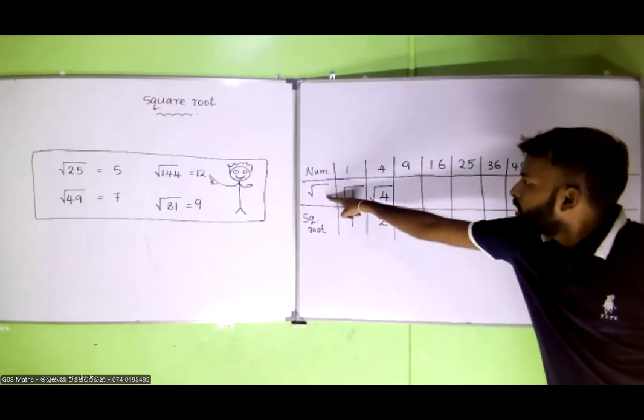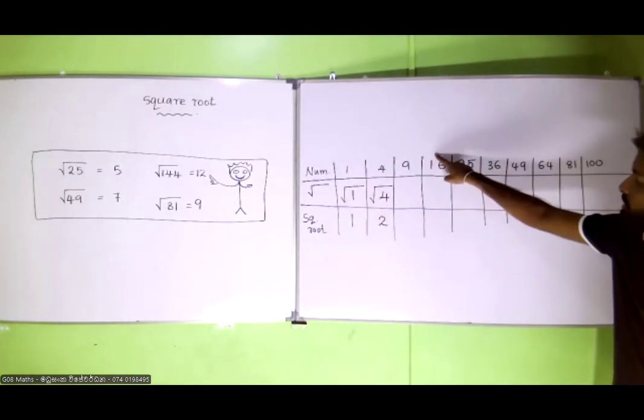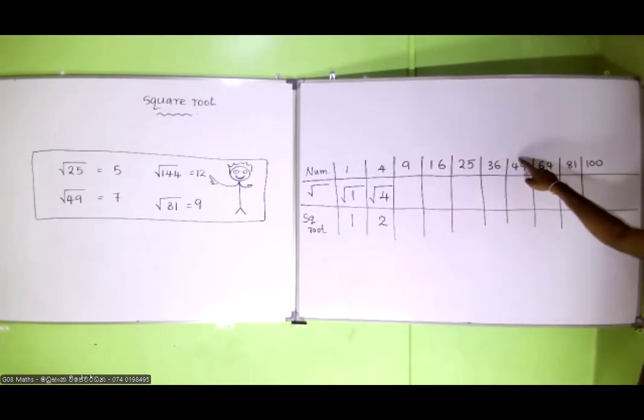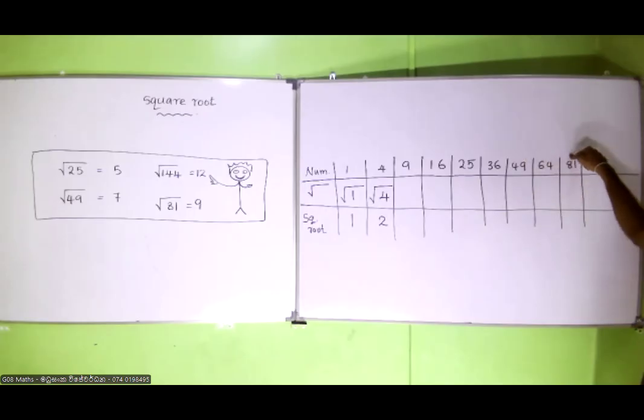Same way, make square root of 9, square root of 16, square root of 25, square root of 36, square root of 49, square root of 64, square root of 81, square root of 100. And if you get the value, this is nothing. But I think the time is enough.